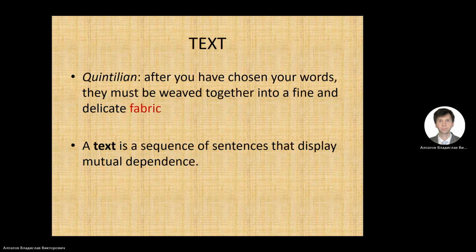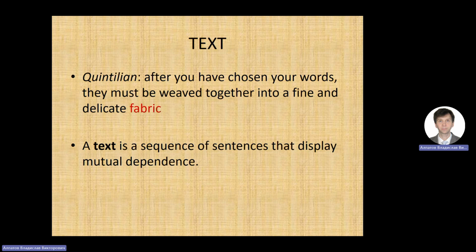We'll start with the etymology of the word text, which comes from the Latin word for fabric, ткань. The Russian word ткань, ткать, and the Latin word textus actually have the same root. So text is something which is woven, соткано, textus.